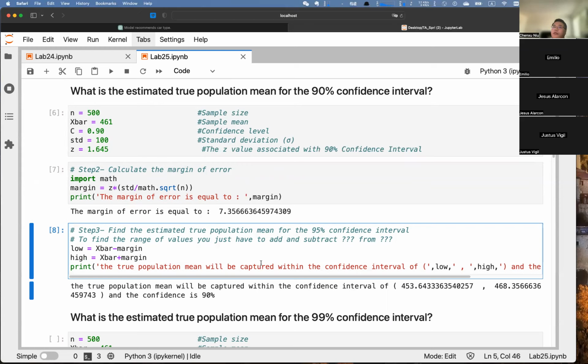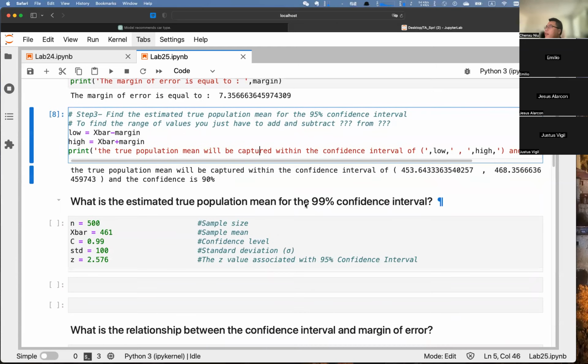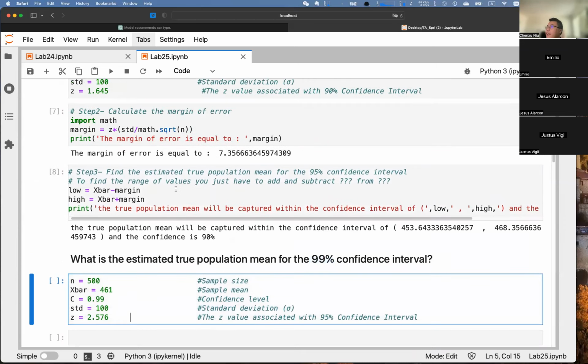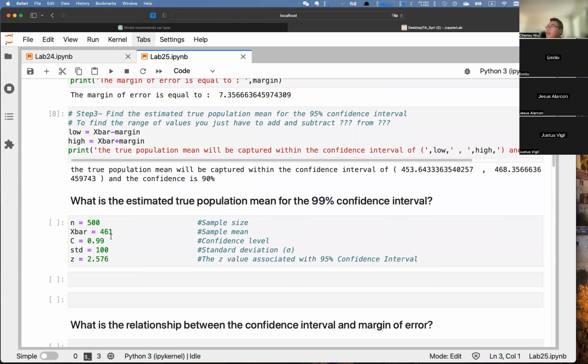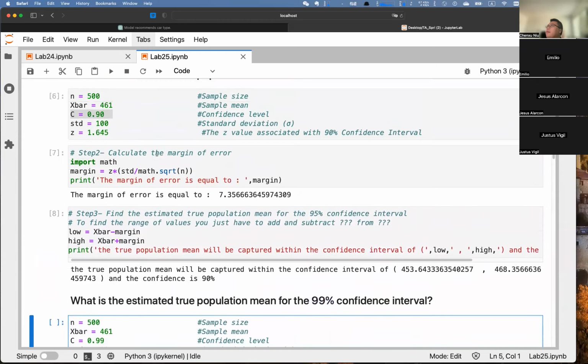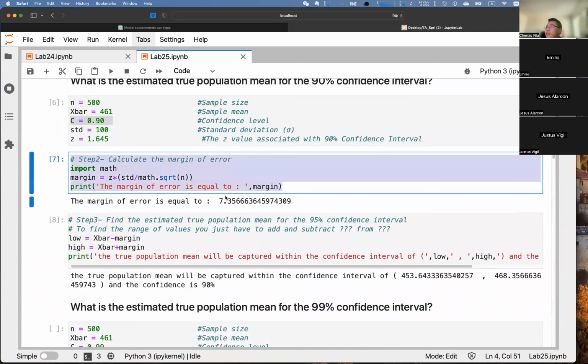Okay, so that is the second example. Next is the 99% confidence interval. First organize the data. The only difference is the confidence level, and the Z value is different, but the last two cells are the same.